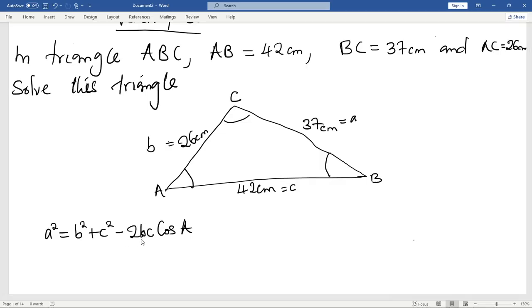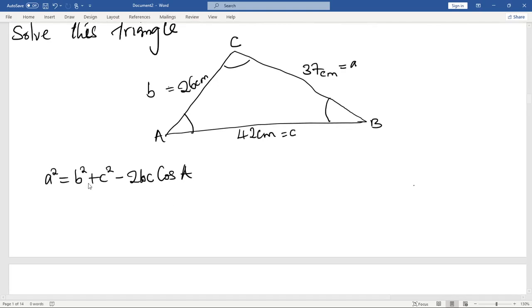What we can simply do is take the negative 2bc to the other side of the cosine, then bring a squared this side. So 2bc cos A is equal to b squared plus c squared minus a squared.